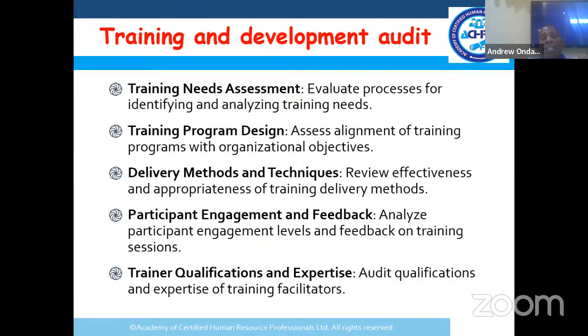Training is a key element which affects employees in terms of their careers and in terms of their performance. So as HR managers, we should look at the level to which employees are engaged or participate in training and development programs.